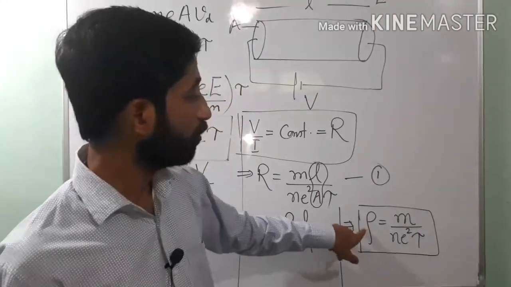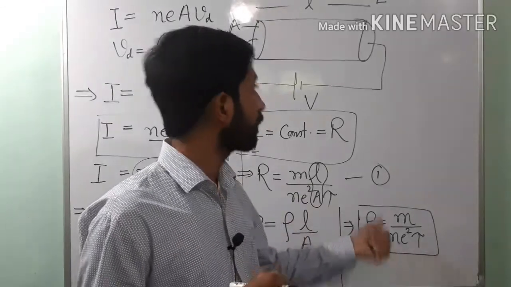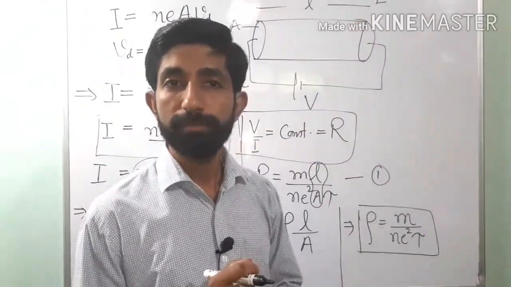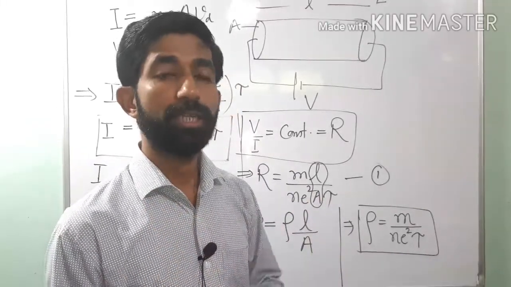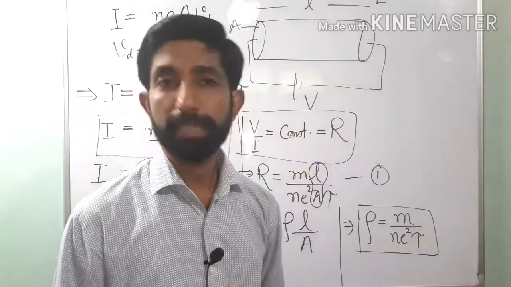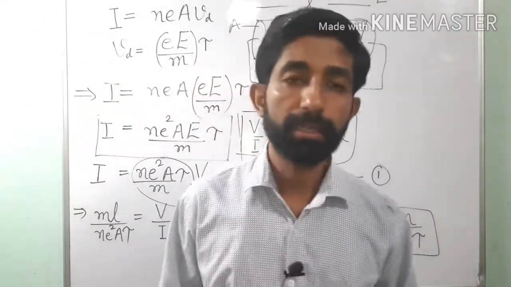So rho becomes different for different materials. For example, copper will have a larger number of free electrons in comparison to any semiconductor like silicon or gallium.